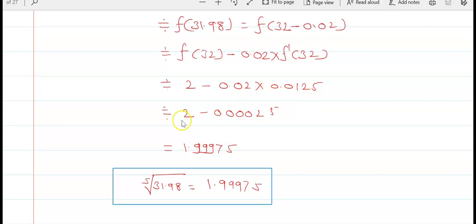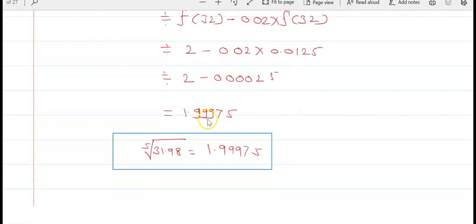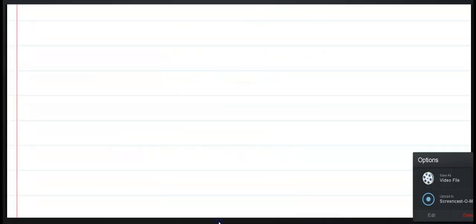Now their multiplication is 2 minus 0.00025, and after the subtraction you will get 1.99975. The fifth root of 31.98 is equal to 1.99975.